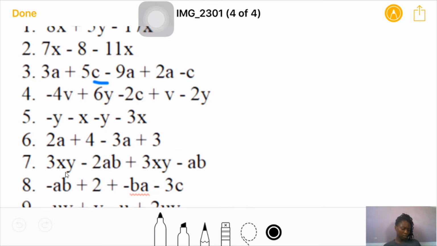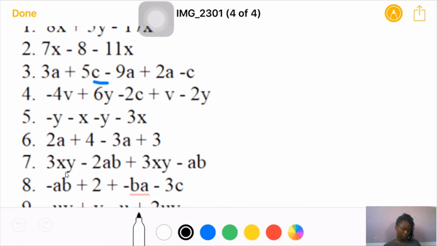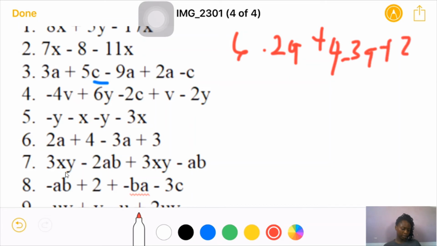So let's see the set 1. I have 2a plus 4 minus 3a plus 3. So grouping it, we have 2a one side, we have minus 3a another side, right?